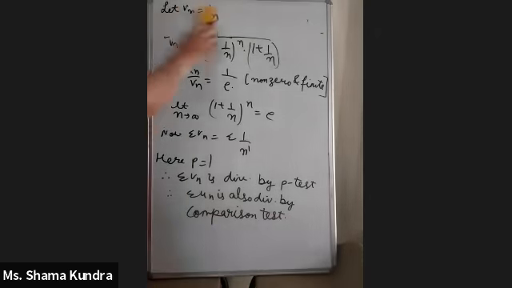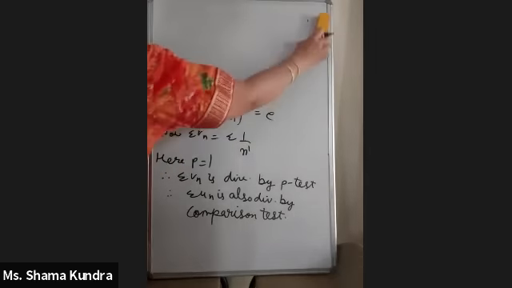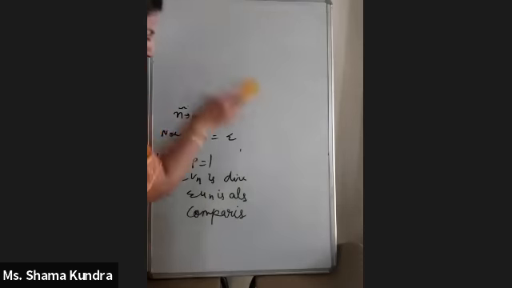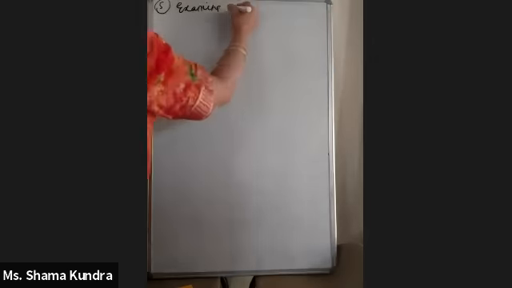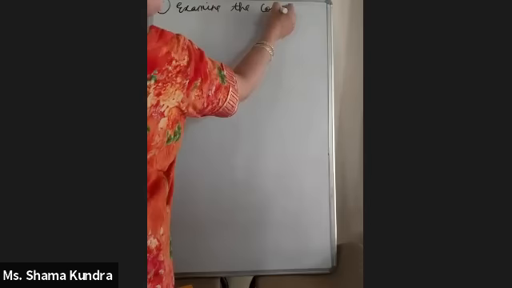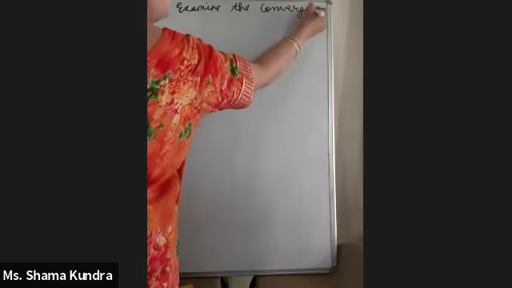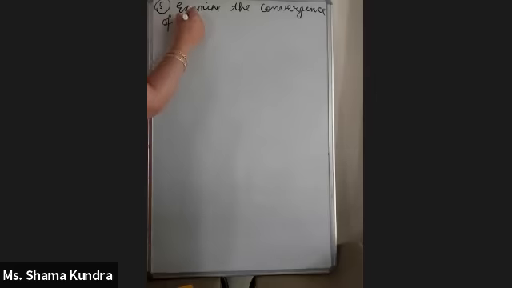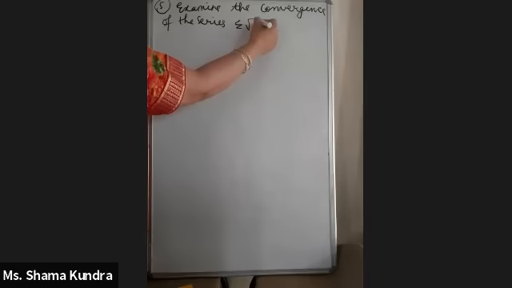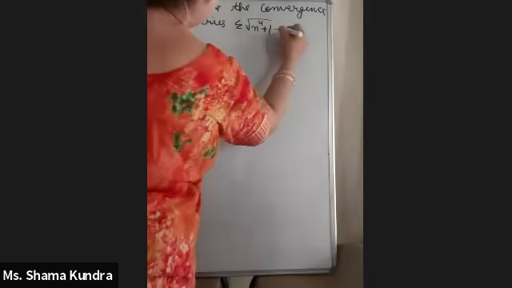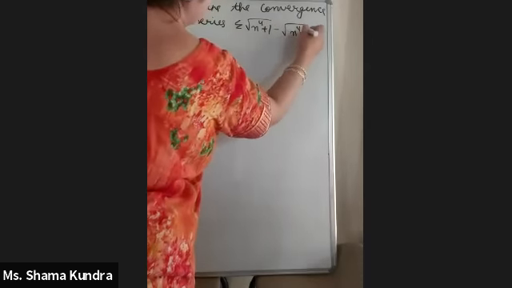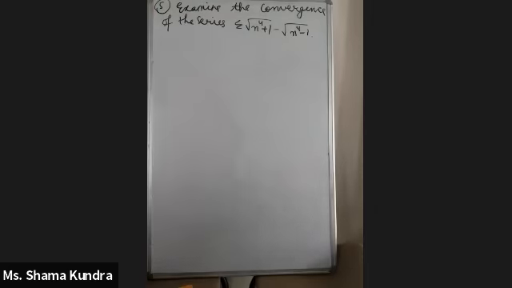See one more example. Examine the convergence of the series summation under root of n raised to power 4 plus 1 minus under root of n raised to power 4 minus 1.